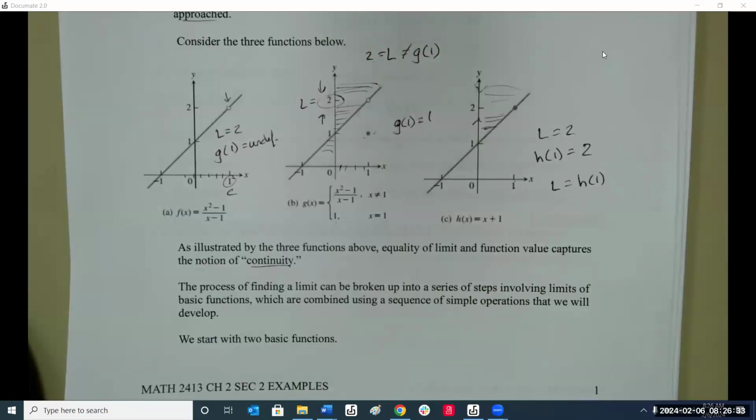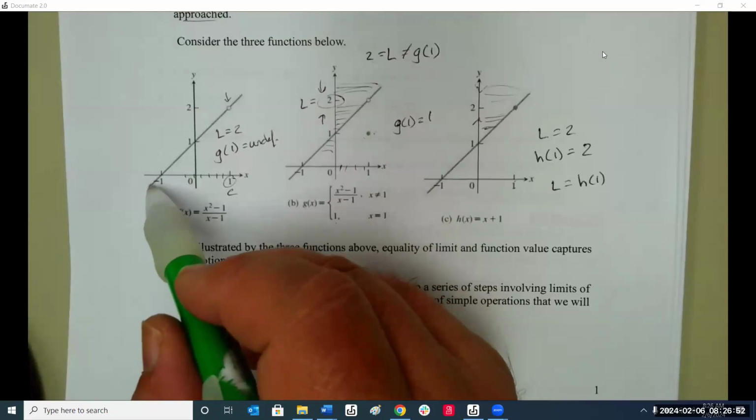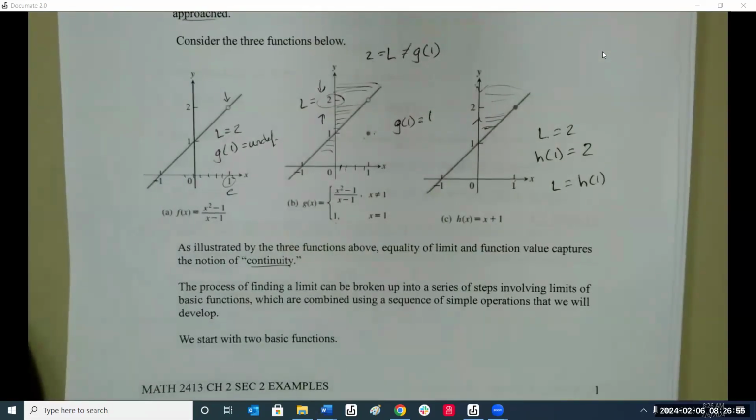Okay, that's one way, yeah. What's another way? If you're graphing it, how would you say something is continuous? I never pick up my pencil. If I start a graph, I don't care what the graph is, and I never have to pick it up, then it's continuous.